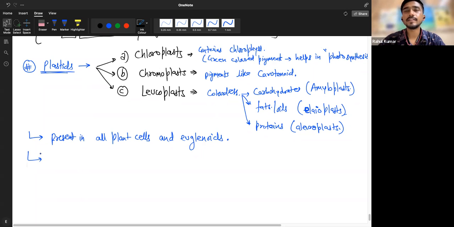Euglena is actually at the borderline of being a plant and an animal. It contains chloroplast, so it can behave like a plant when there is sunlight available. We put euglena in algae for study because they are eukaryotes and they have a flagella. All the algae do not have flagella, but euglena has a flagella. You know what is a flagella? In bacterial cells there were flagella, which help in motion.